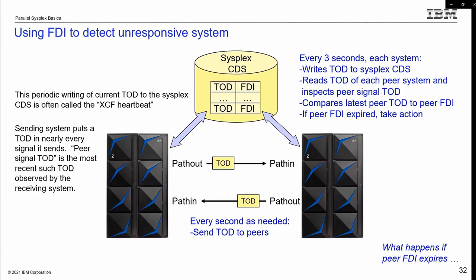Every few seconds, each system reads the time of day from each peer system, and also looks at the time of day indicators over the signaling paths. The key is that if both the signaling path time of day and the status time of day exceed the failure detection interval, then we conclude that the subject system is unresponsive. And when it's unresponsive, we take some action to remove that system.